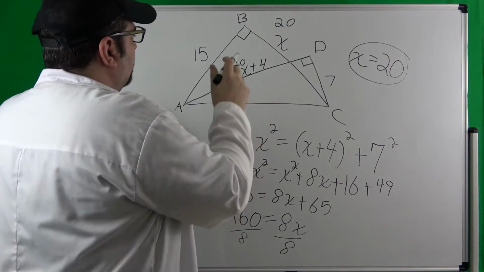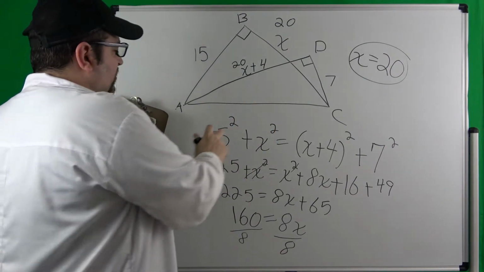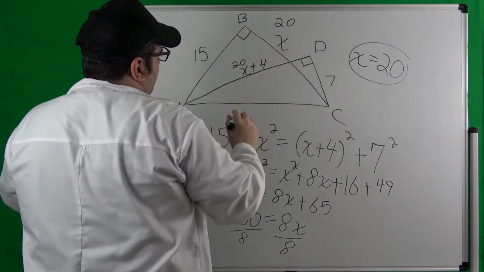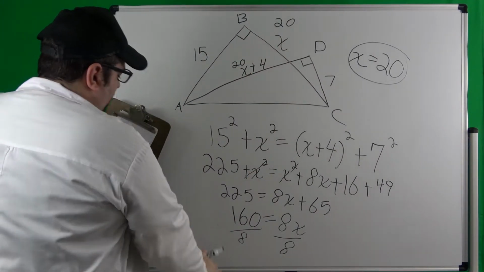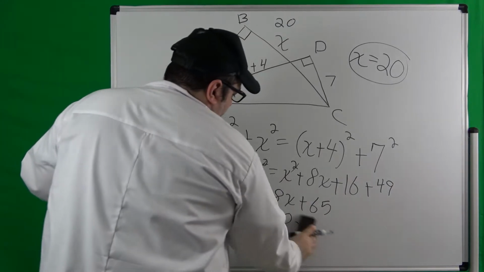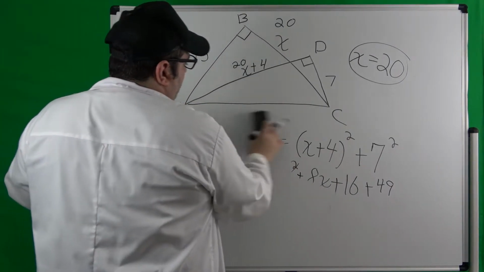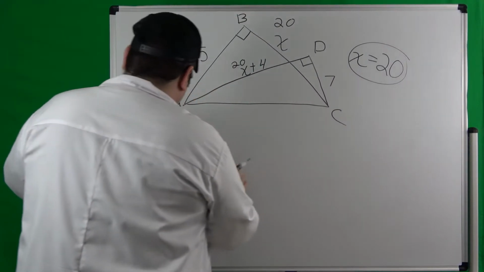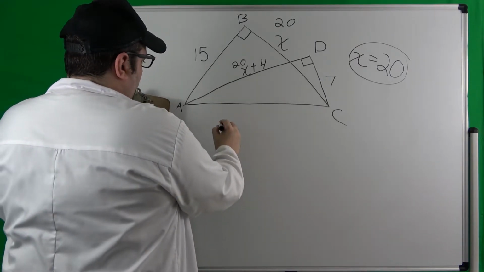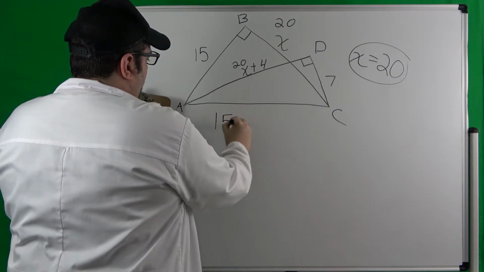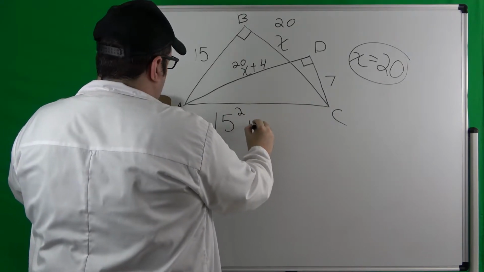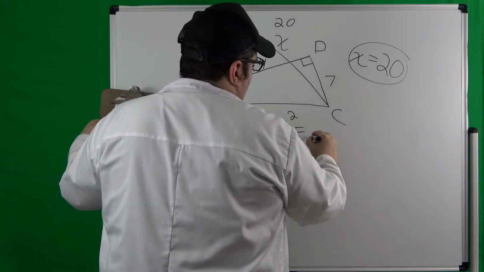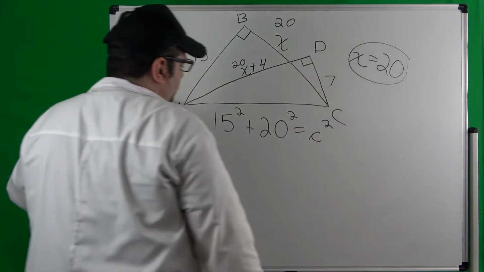So, all right. I'm just going to choose the first one here. The 15 squared plus x squared equals, well, it's going to be plus 20 squared now, but equals c squared. So 15 squared plus 20 squared equals c squared.